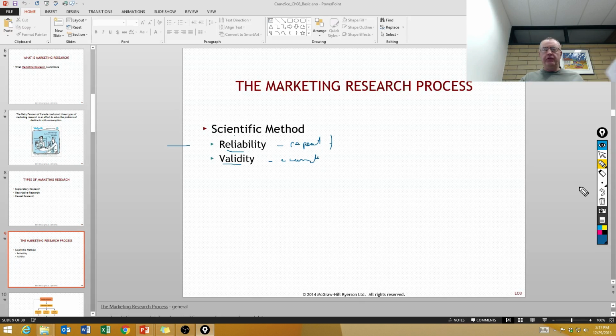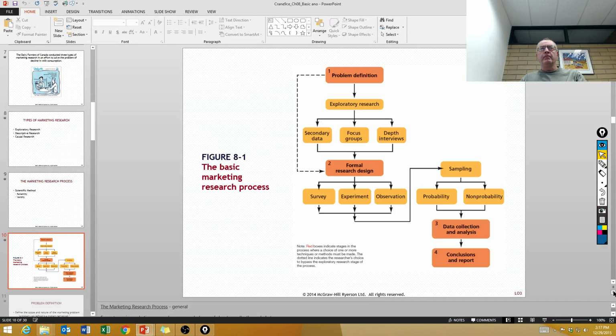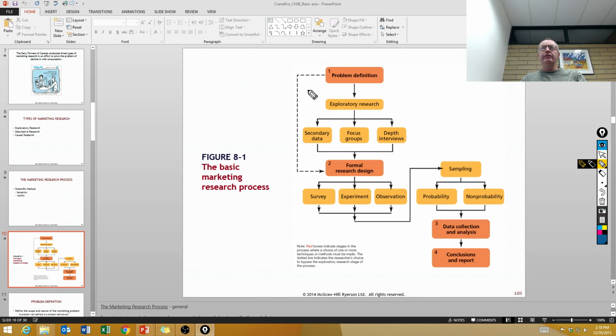So we have four steps in the marketing research process. The first step in the process is defining the problem, or defining the issue that we're interested in. And the second step is designing our approach for undertaking our research.